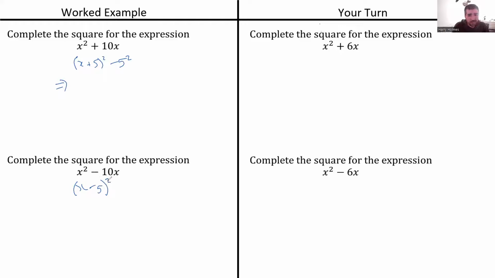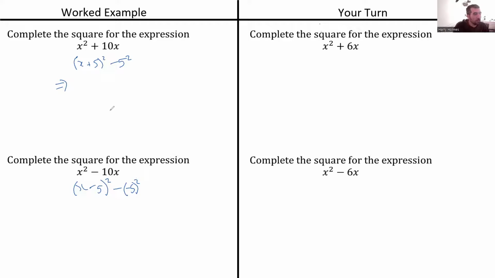Now, when I times that bracket out, the number that I will get is minus 5 times minus 5, which is 25. So I need to take that away again. But in general, it will always be this number squared, because that number will be squared when we times the bracket out, so we need to take it away.